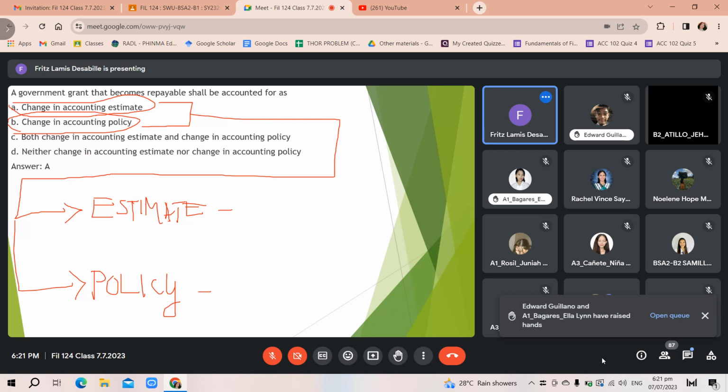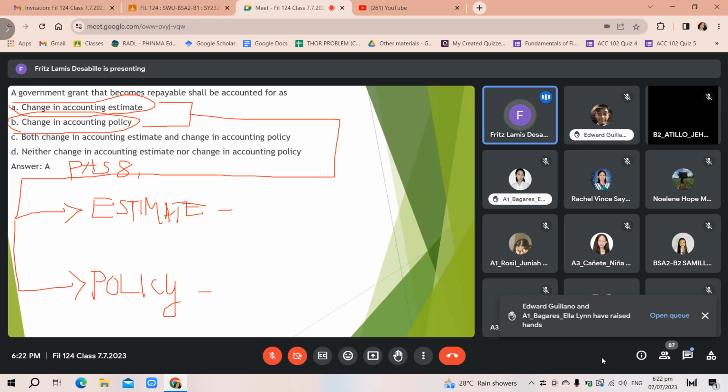So the reference of this one, actually, na siya own standard: changes in accounting policy, changes in accounting estimate, and accounting errors. Just to give you trivia lang. Now we have what we call PAS 8. Change in accounting estimate, change in accounting policies, and correction of errors.